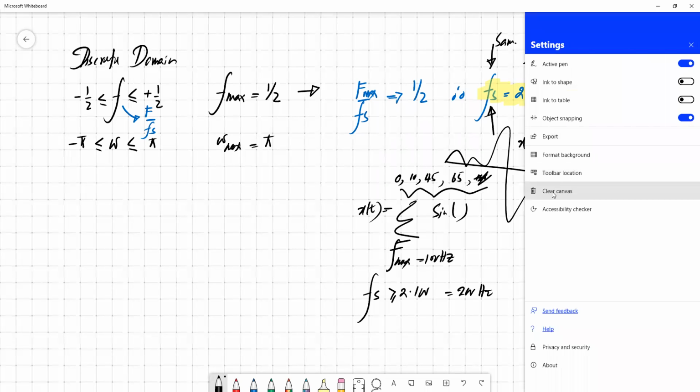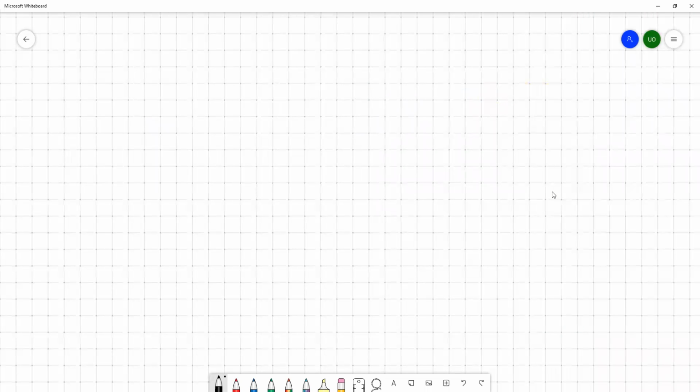So let's take two signals. We have x1(t) equals cos 2 pi 10t, and x2(t) equals cos 2 pi 50t.